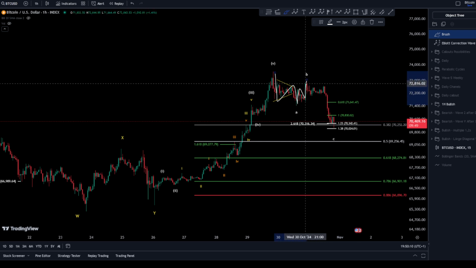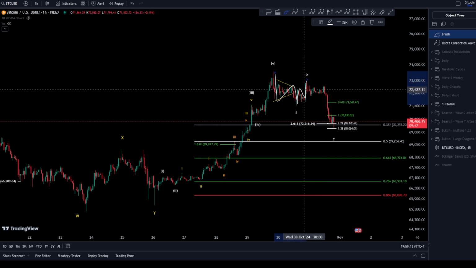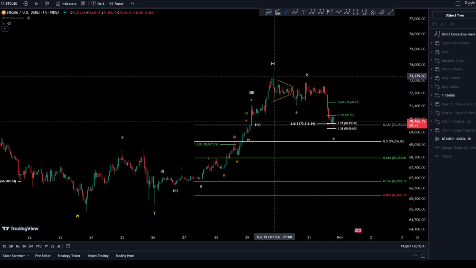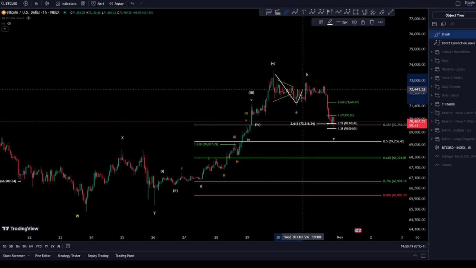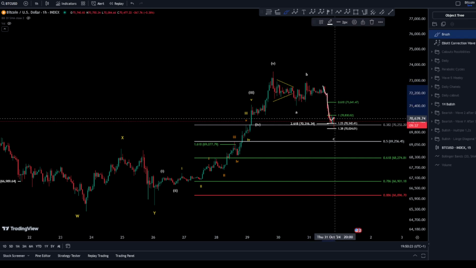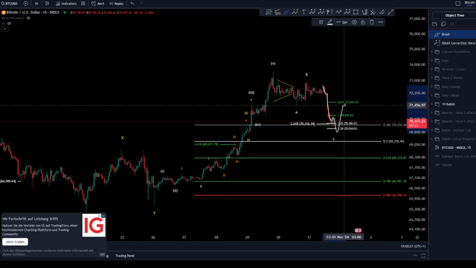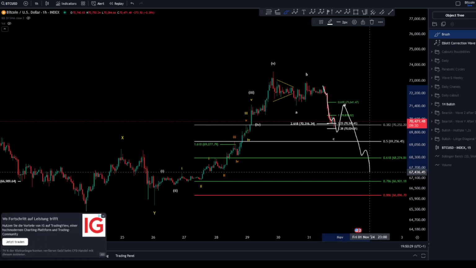However, this doesn't look finished. You still need one structure, and therefore, I was saying that it could be even different, as an A, B, and a C finished already here, and this is the start of your impulse. So it could be that we move, of course, higher, and then we move even to lower prices.